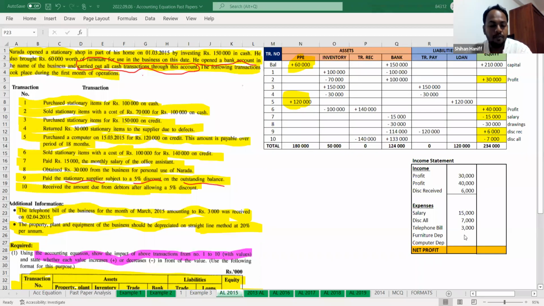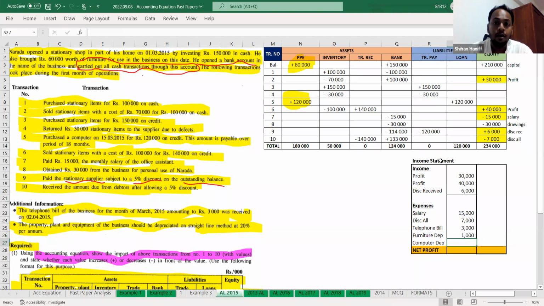Now tell what is the furniture depreciation. Furniture introduced 1st of March. So 1st of March means only 1 month depreciation. So 60,000 into 20%, divide by 12.